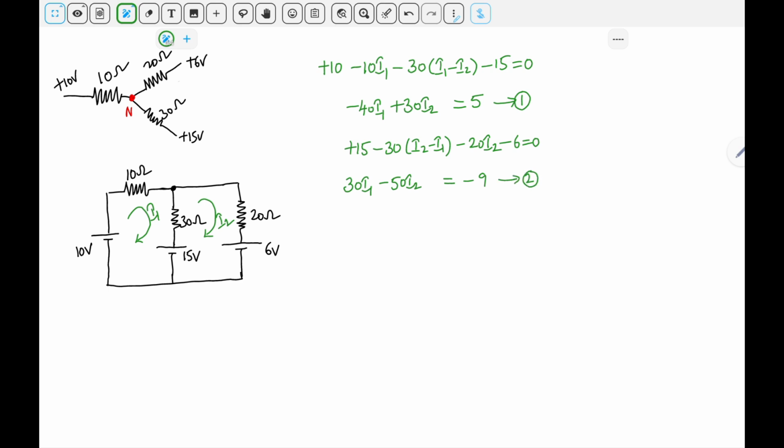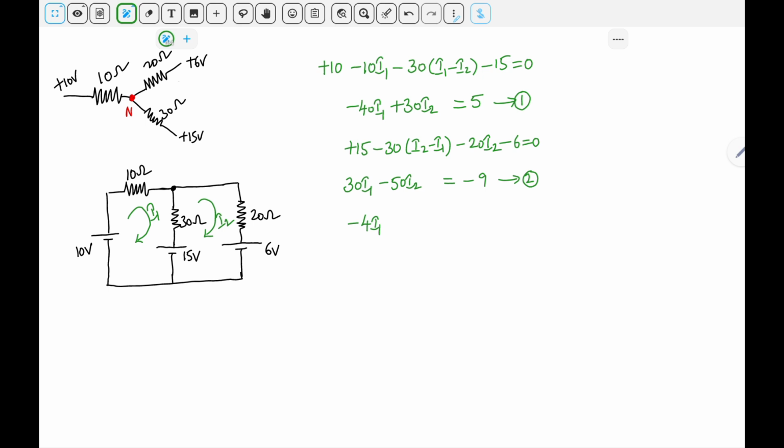Now, in order to find I1 and I2, I need to solve equations 1 and 2. Without using a calculator, we need to apply some techniques to solve two linear equations in two variables, I1 and I2. I am modifying the first equation as minus 4 I1 plus 3 I2 is equal to 5 by 10, which is 0.5, because I am taking 10 common and sending it to the other side.